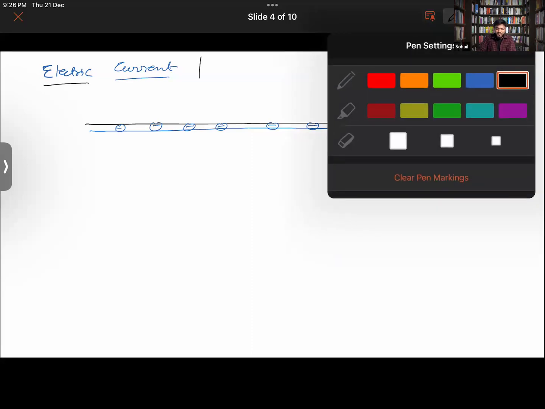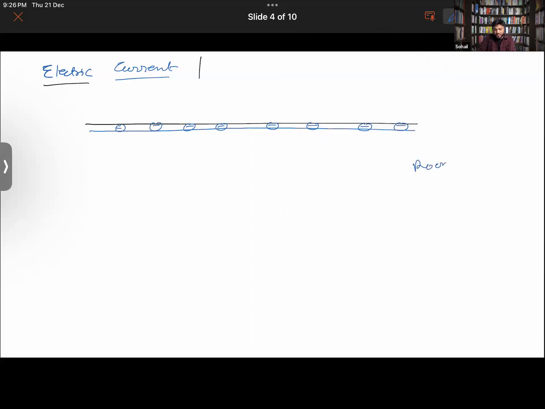For example, in the room heater that we use in the winter season, we don't use copper wire; we use a special type of element. Why? Because copper wire will be melted. Very good. It will be melted because it has a low melting point.